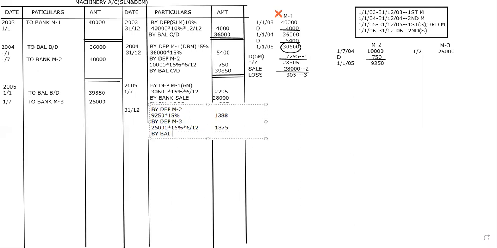So by balance carried down, ఎంత calculate చేయాలి? ఇక్కడ space ఇస్తానులేండి, అంతలోపు నేను ఇది రాస్తూ ఉంటాను, మీరు total చేసి calculate చేస్తుండండి. So depreciation as on this date is 1,388. 2006 is equal to 9,250 minus 1,388 is equal to 7,866.